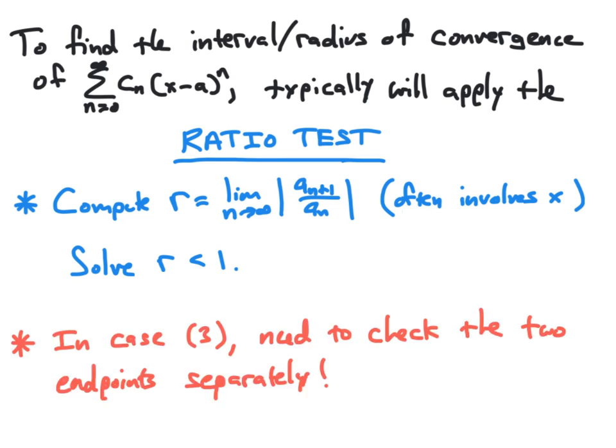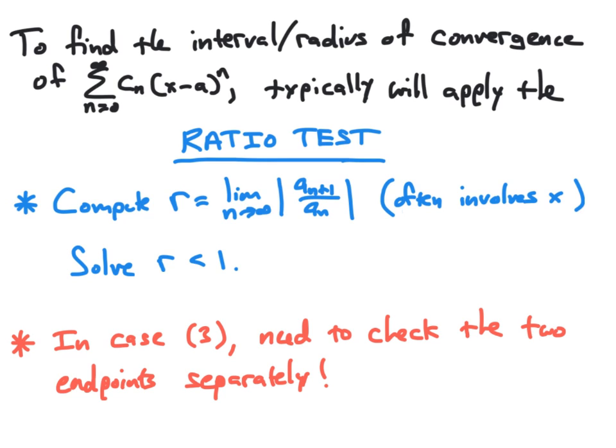Note that when we're in case 3, that is, we have a power series where the interval of convergence is a finite interval surrounding the center A, we do need to check the 2 endpoints of that interval separately to determine whether the power series converges or diverges at those endpoints. We can do this by taking the 2 values for the endpoints, substituting them one by one into our series for x, and doing so will result in us getting an actual series.